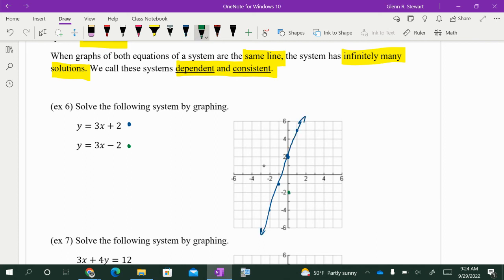Start at -2, up 3 and right 1, right 1, down 3. Yeah, the same slope, so you'll notice that they don't intersect at all. This is going to be called no solution, because a solution is where they would intersect. We'd also say that this is inconsistent.